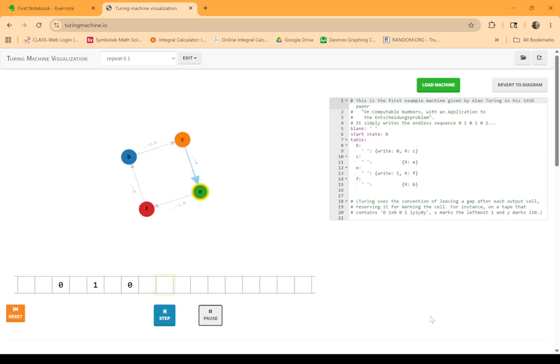It just moves to the right and writes alternating ones and zeros, leaving a gap in the cells after each write. The convention is that the gap cells are reserved for marking a particular instance of what's going on.